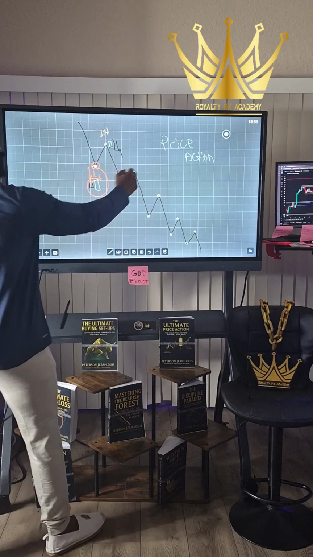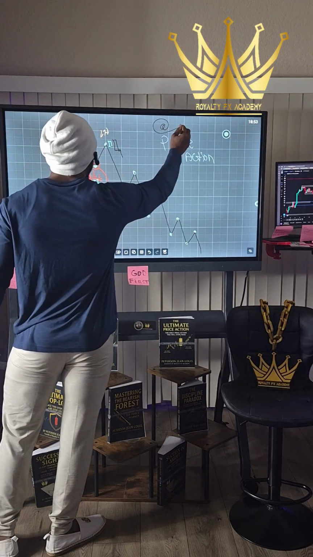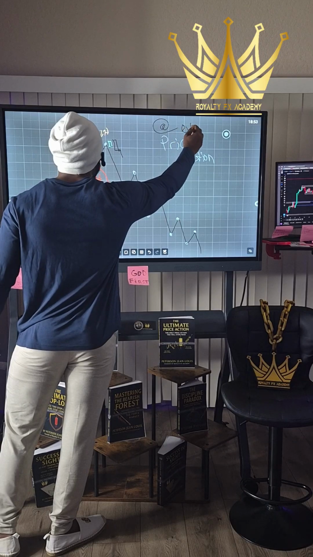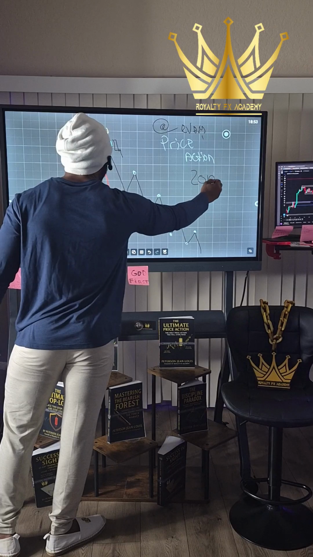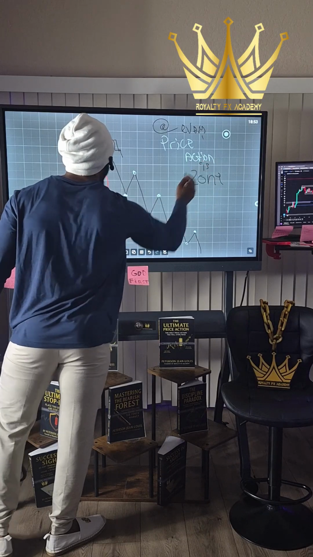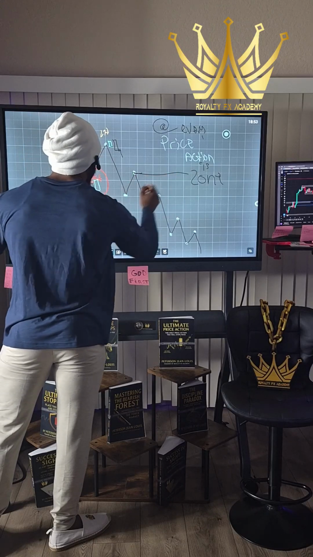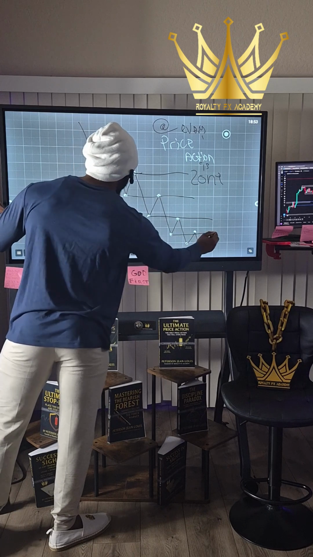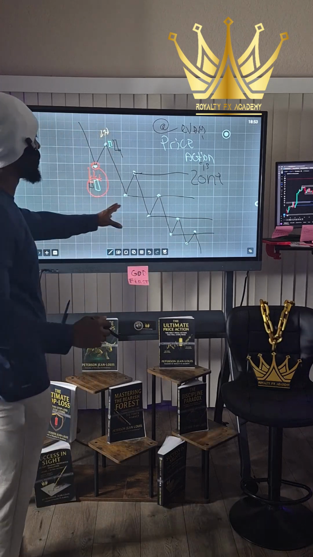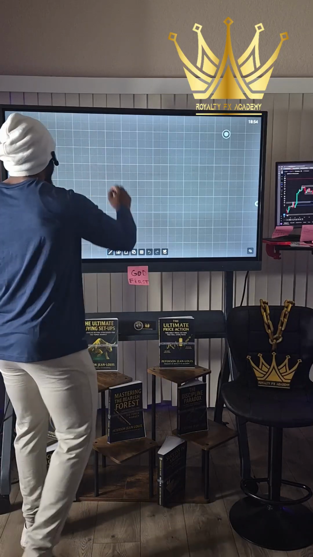So at every PA, at every price action, is a zone, just a zone, either if it's on top of it or at the bottom of it.